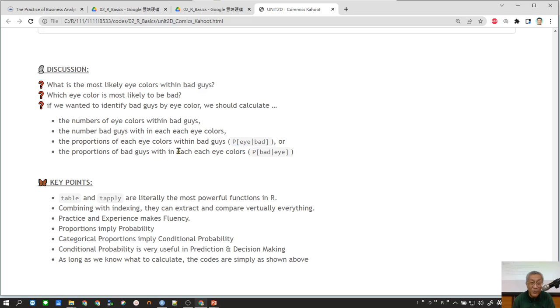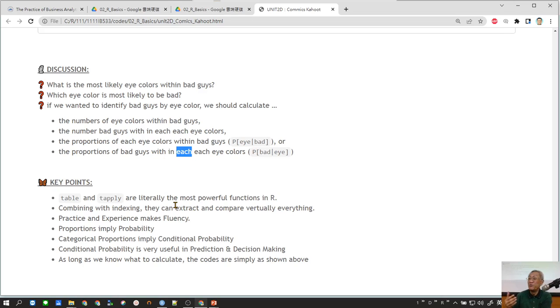Sorry, there's a typo here. I want to identify bad guys by looking at their eye color, which means that given the eye color, I want to pick out the bad guys.